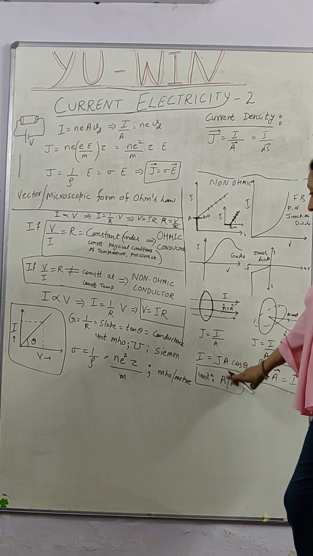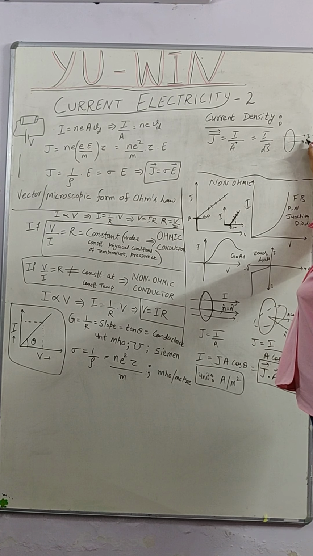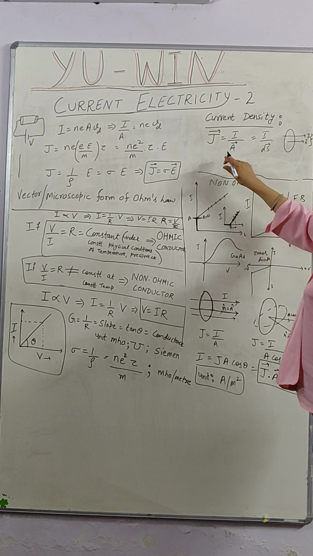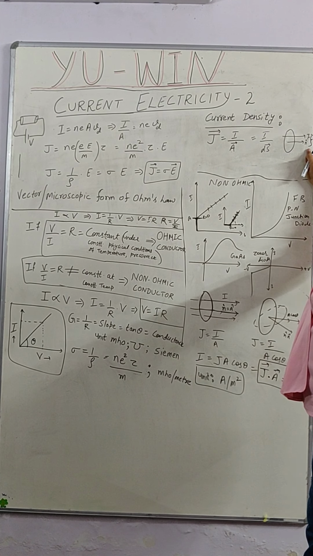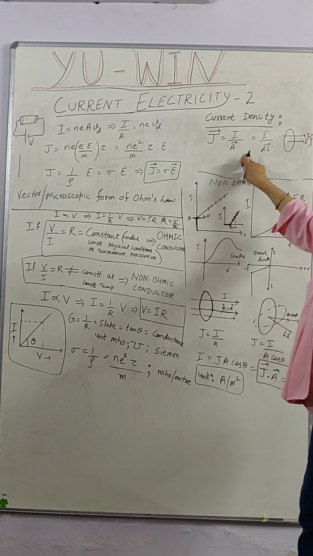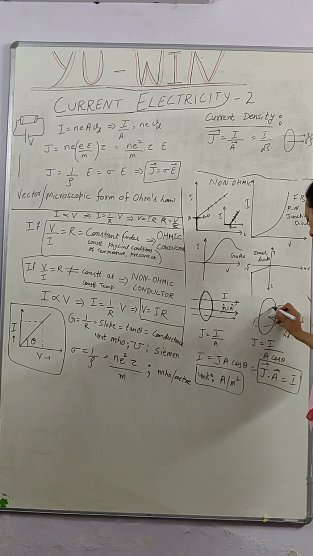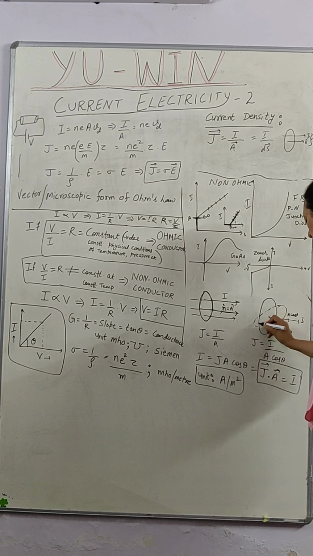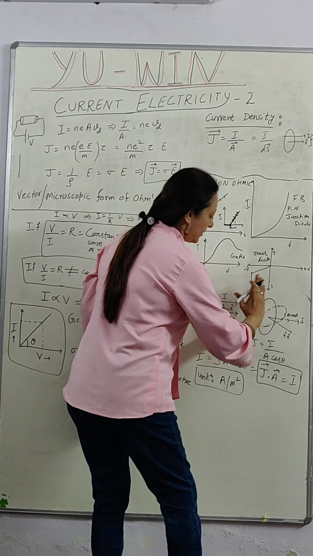Now, if the area is already held perpendicular such that the current and area vector are parallel to each other, in that case the whole area is responsible to contribute to the current density, then this will be I by A. But suppose the area is not exactly perpendicular to the current, then we talk about the area vector. Now suppose this is the area. It's not held like this.